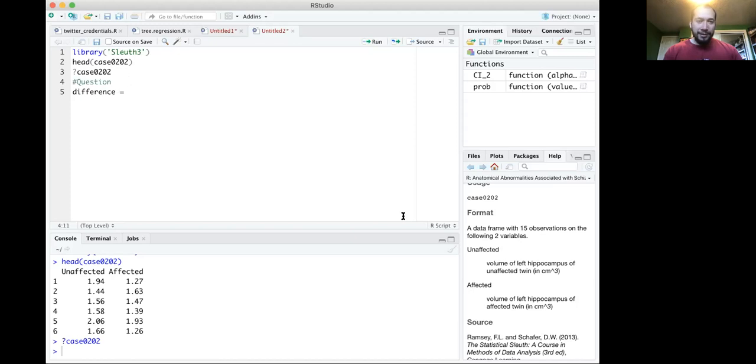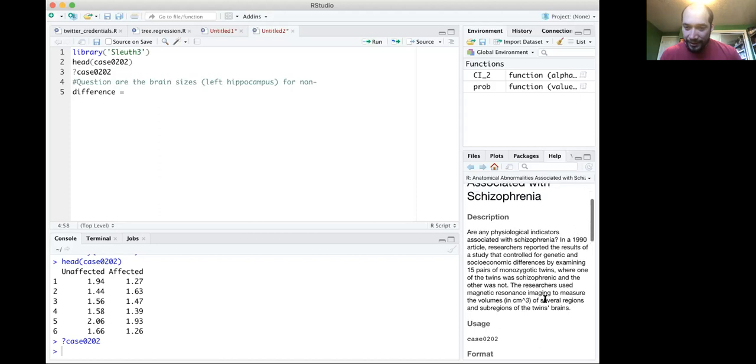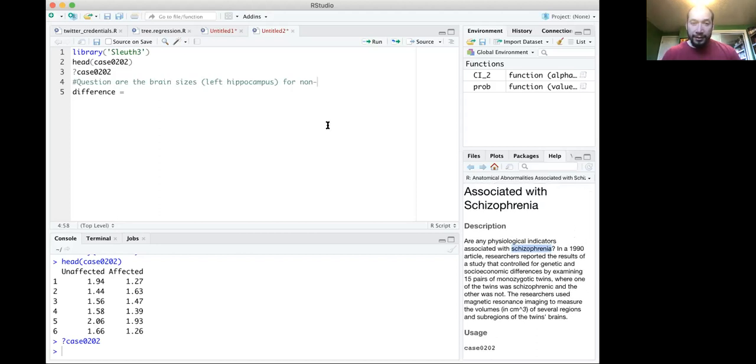If you're a medical doctor, what you're interested in is, are the brain sizes, that is the left hippocampus, for unaffected or non-schizophrenic individuals larger than those who are.